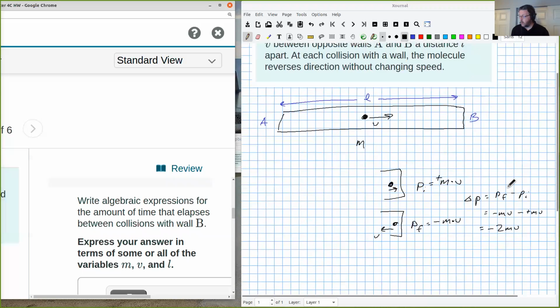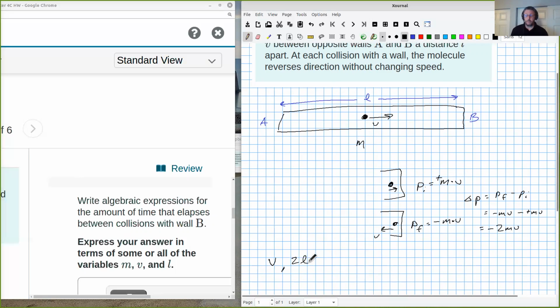Okay, so we know how fast the molecule is going. It's going speed v. We know the distance that it travels between collisions. So from one collision to the next, it travels L all the way across, and then L all the way across again. So the distance is 2L.